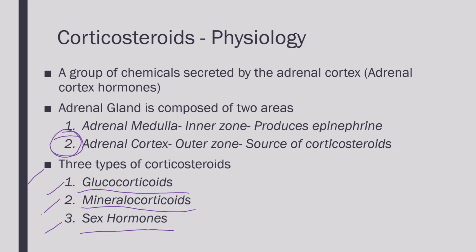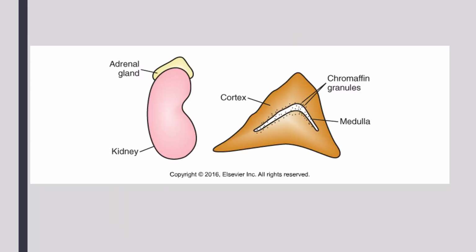The cortex is the outer zone which produces the corticosteroids, and the medulla is what produces epinephrine. So there's a difference between what produces epinephrine versus what produces the corticosteroids. Remember, medulla is the middle, the cortex is the covering, the outside, and the covering is the one that makes these corticosteroids.